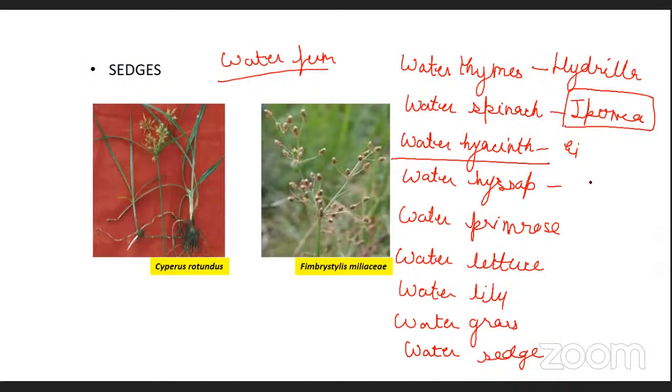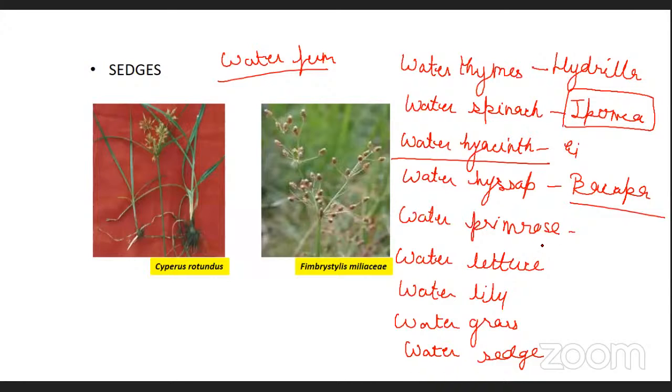Then water hyssop is known as Bacopa. I'm just giving you the genus name, not the species, because species usually get changed. But if you know the genus name, you will select the correct name in the objective.